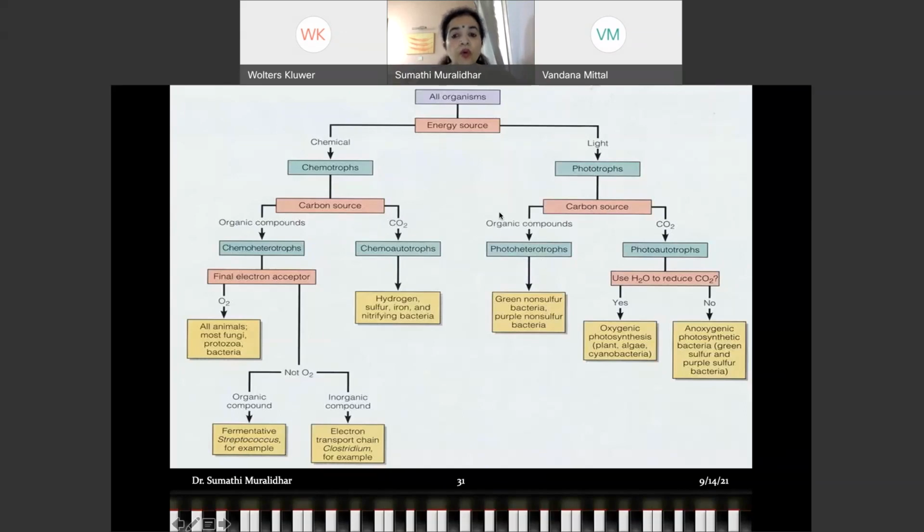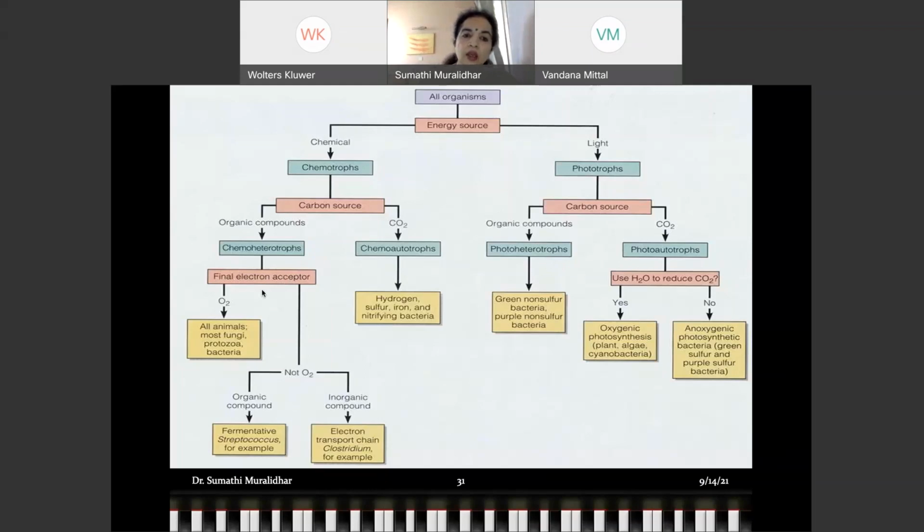We will not go into more detail in this category because the bacteria that we are interested in, the medically important bacteria, are all on the other side. This is the chemical or the chemotrophs, which require a carbon source in the form of an organic compound. And they are the chemoheterotrophs.